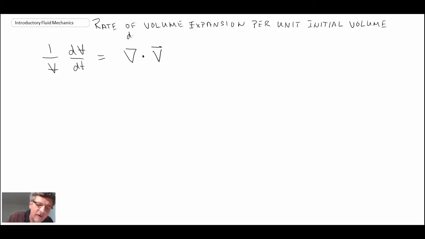So divergence, or sometimes you'll hear it referred to as del dot, and we can write that out. That's a dot product.